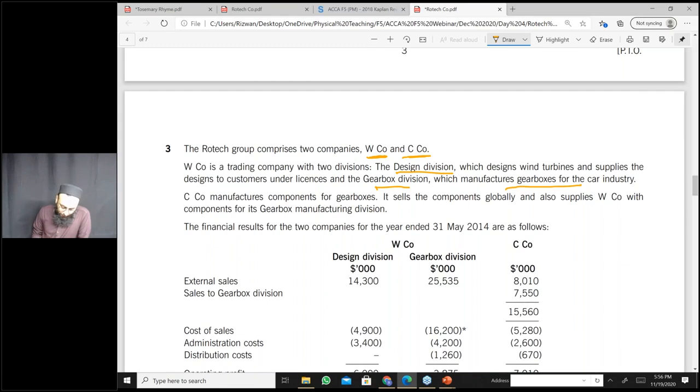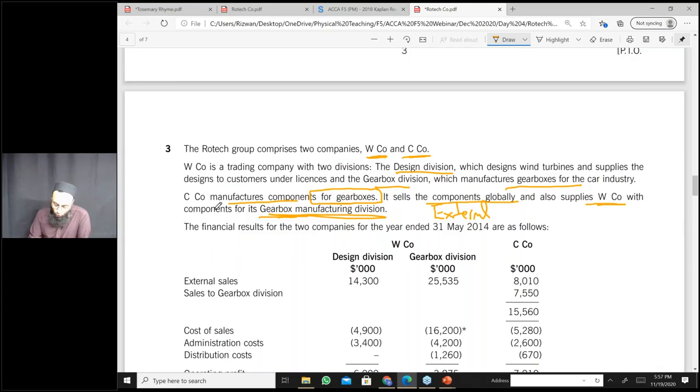CCO manufactures components for gearboxes. CCO is the other company, right? It manufactures components for gearboxes. It sells components globally, which means it has an external market and also supplies WCO with components for its gearbox manufacturing division. Okay, agreed.